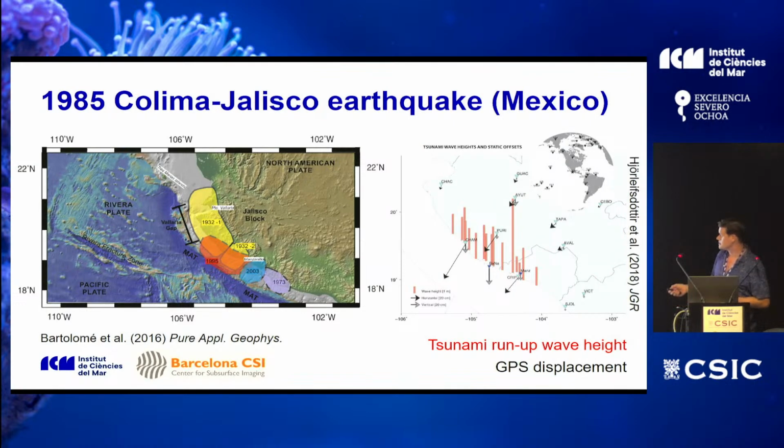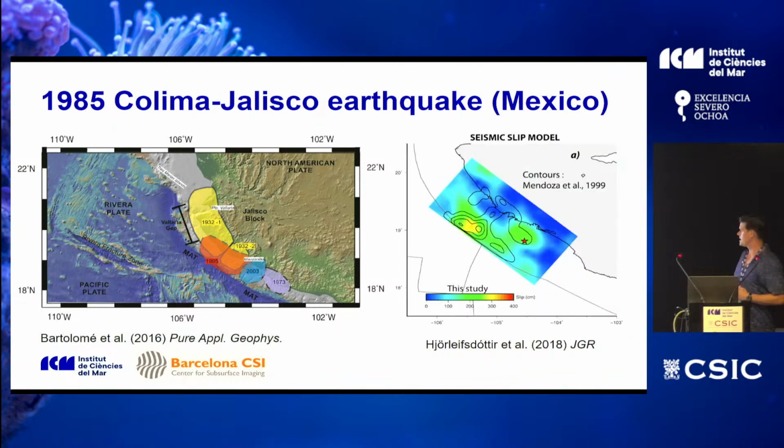In particular, this is 1995, not 85. It generated a tsunami with waves up to 6 meters in some regions, such as the Bay of Manzanillo. The most interesting thing is that this earthquake released a third of its energy near the trench, even though it nucleated at 20 kilometers depth.